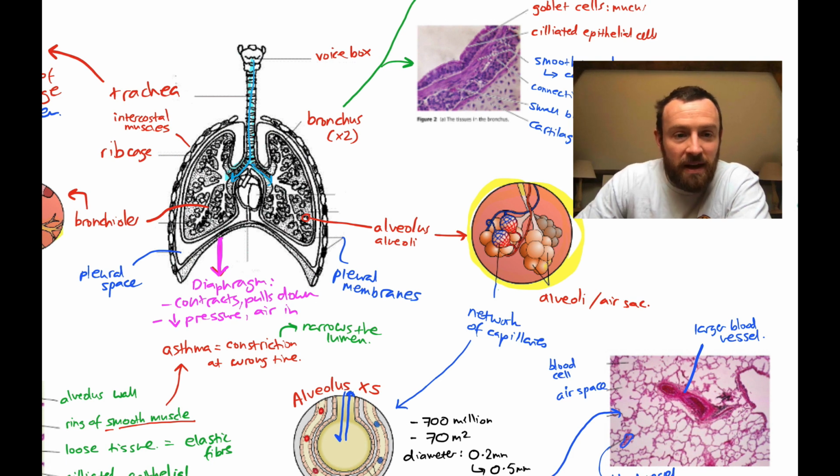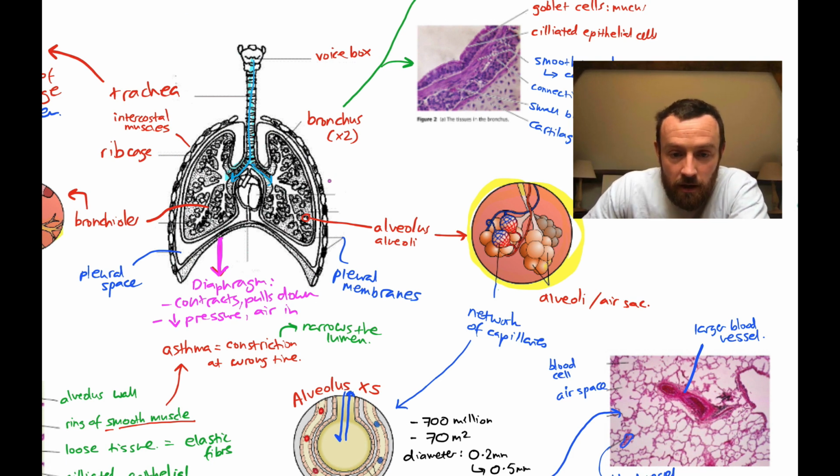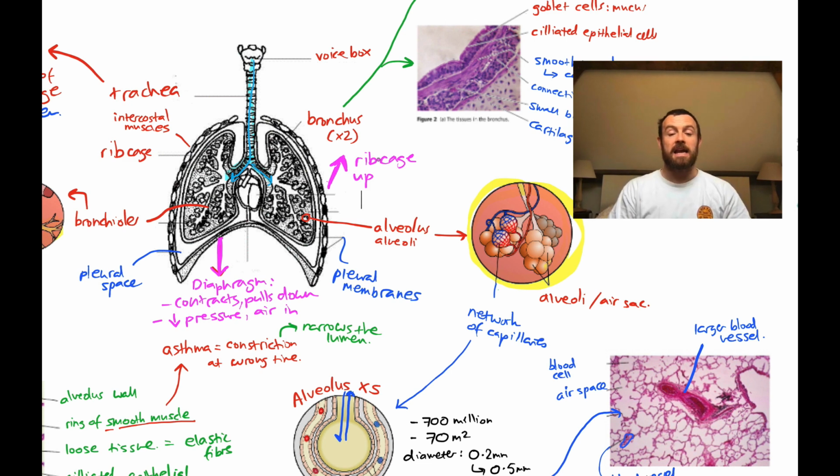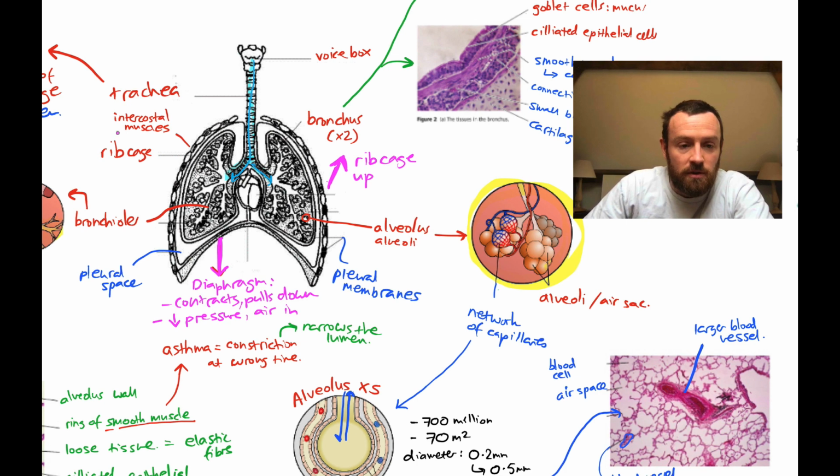Also, the rib cage, staying with this pink color here, can move up. That's when you're inhaling quite aggressively, when you're exercising, for example. That's the external intercostal muscles. There are two types, internal intercostals and external intercostals.